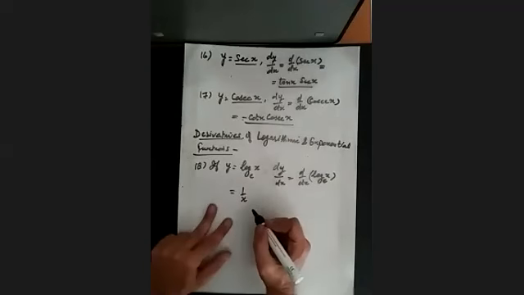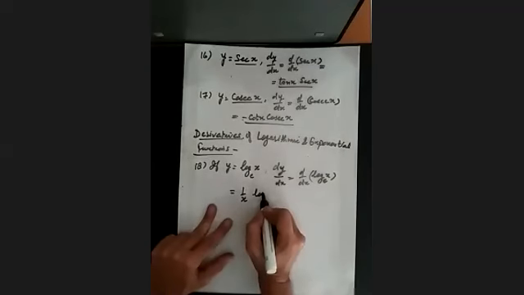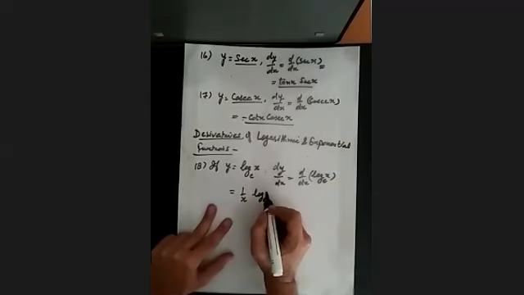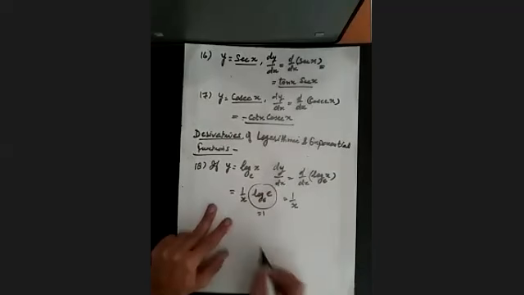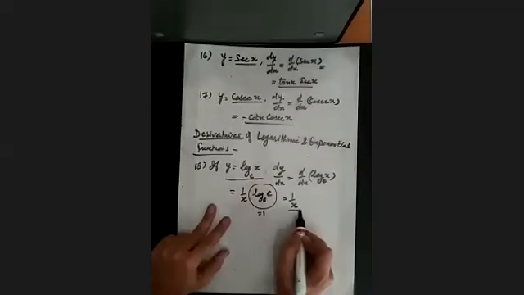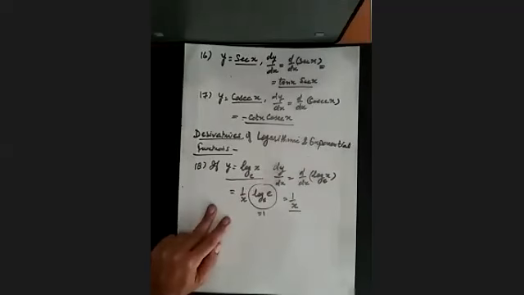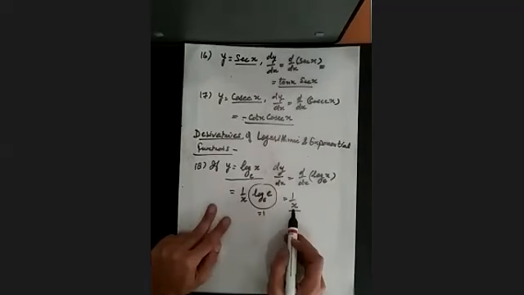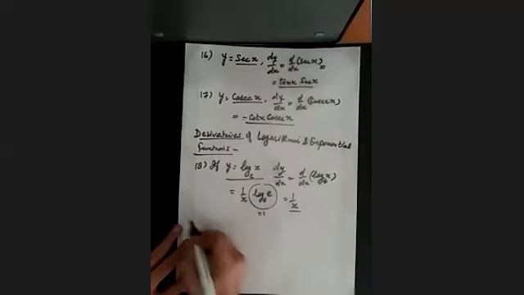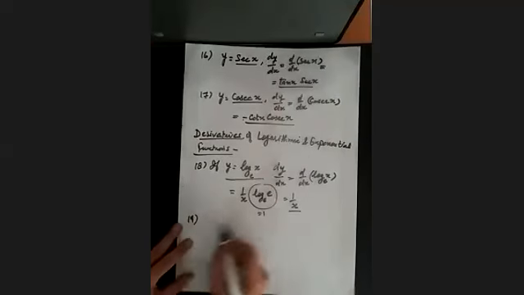It is 1 upon x times log e, log of e with base e, and its value is equal to 1. So it is equal to 1 upon x. So differentiation of log x is 1 by x. Very simple to remember. So wherever you have to differentiate log x whose base is e, its answer is 1 by x. That is all you have to remember about this.